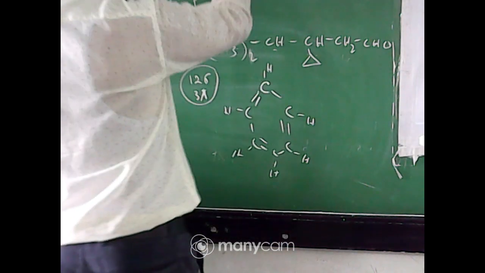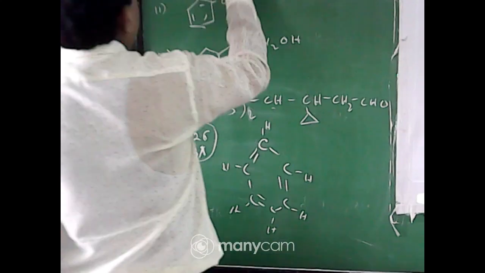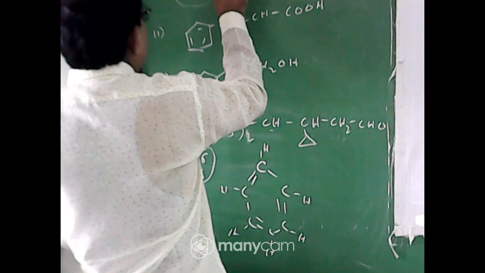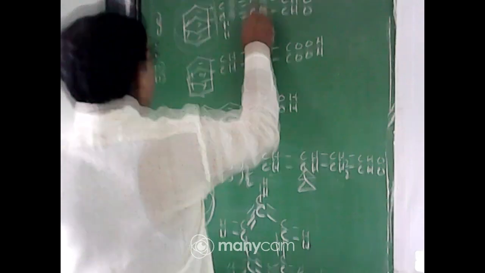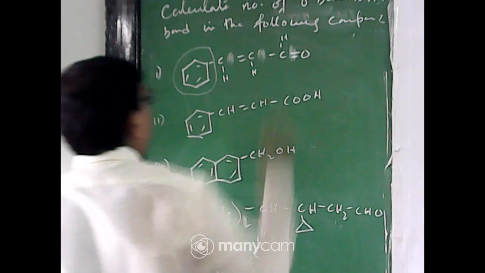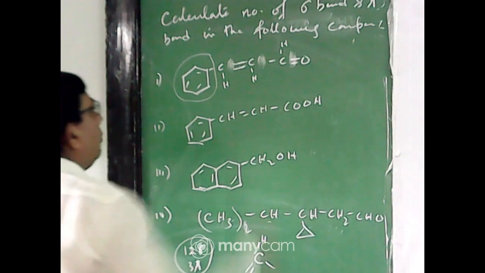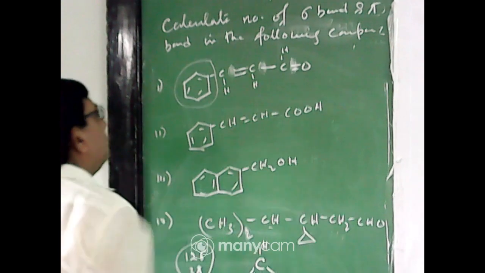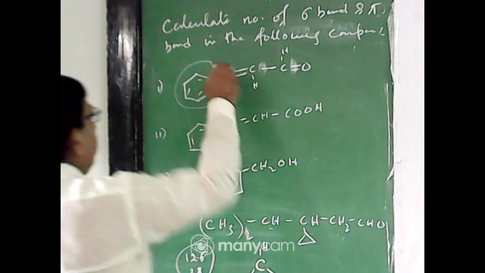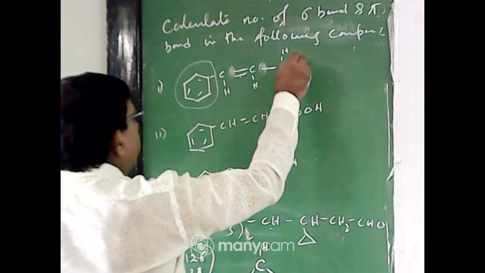Now come to the first question. Up to this, 12 sigma. Now dissociate in this manner. This is hydrogen, this is hydrogen. Here is a double bond, so this is satisfied. You see all the carbon atoms satisfy 4 bonds. Now up to this, 12, 13, 14, 15, 16, 17, 18.